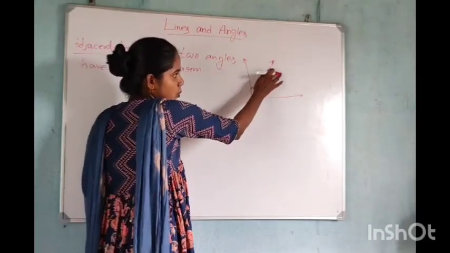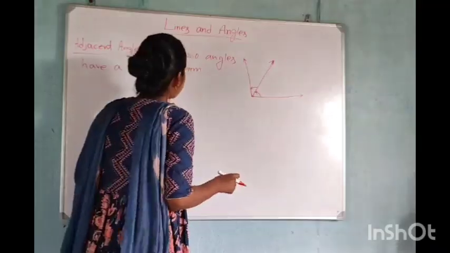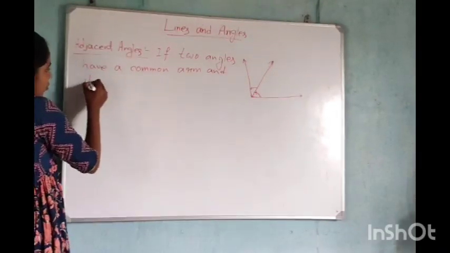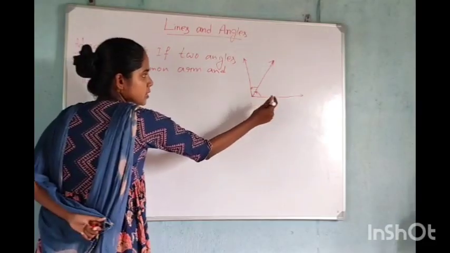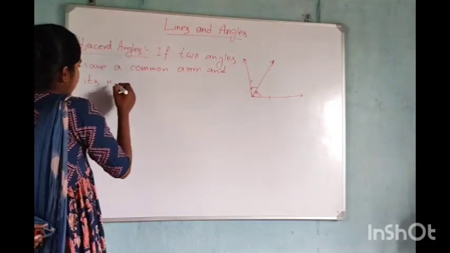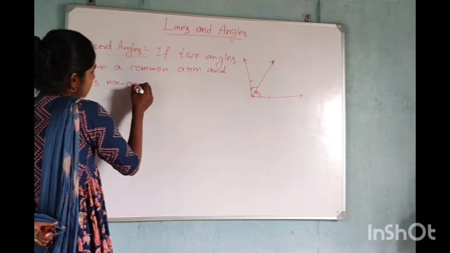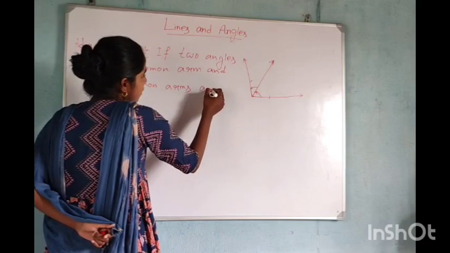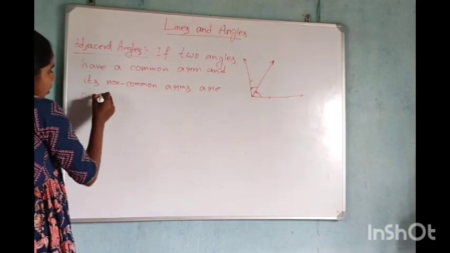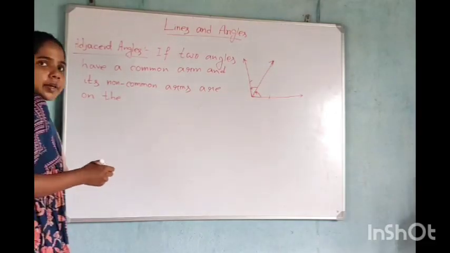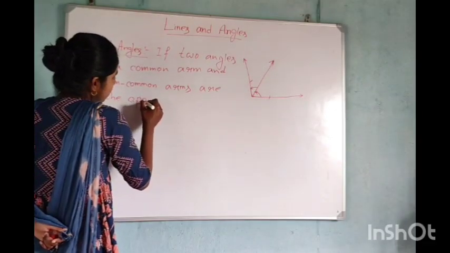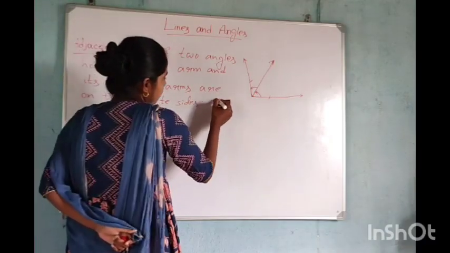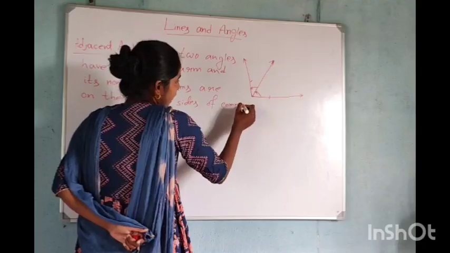This one is the common arm of these two angles, okay, and its non-common arms, this one and this one, are on the opposite sides of the common arm. Then they are called adjacent angles.